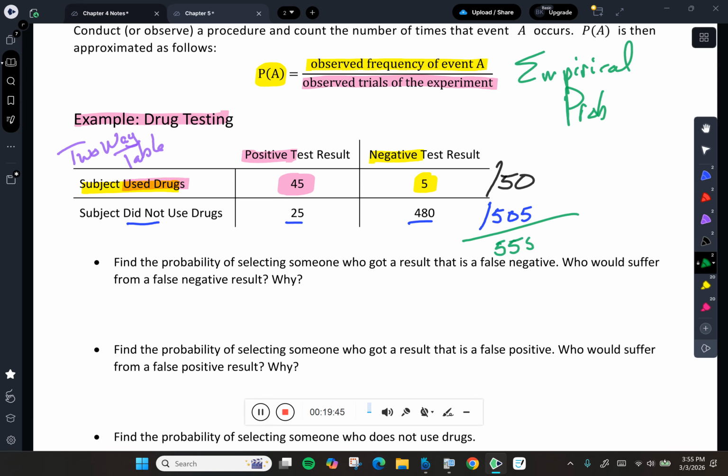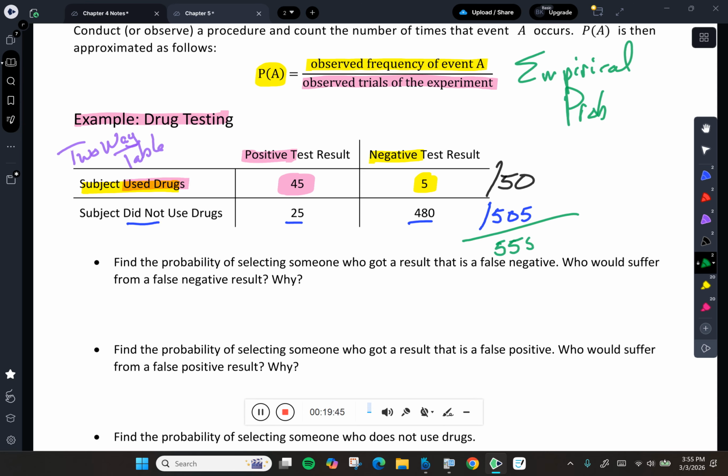I can even dig a little deeper. Can you see that in this table, these two things that I'm highlighting in yellow are things that shouldn't happen? That 5 up there, we would call a false negative because the answer to the test was negative when it should have been positive, because those people used drugs.